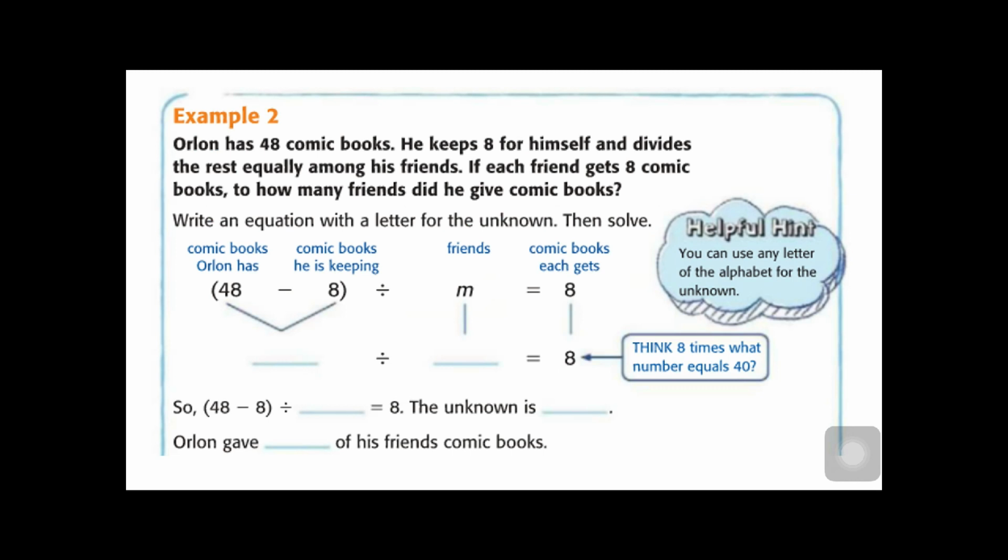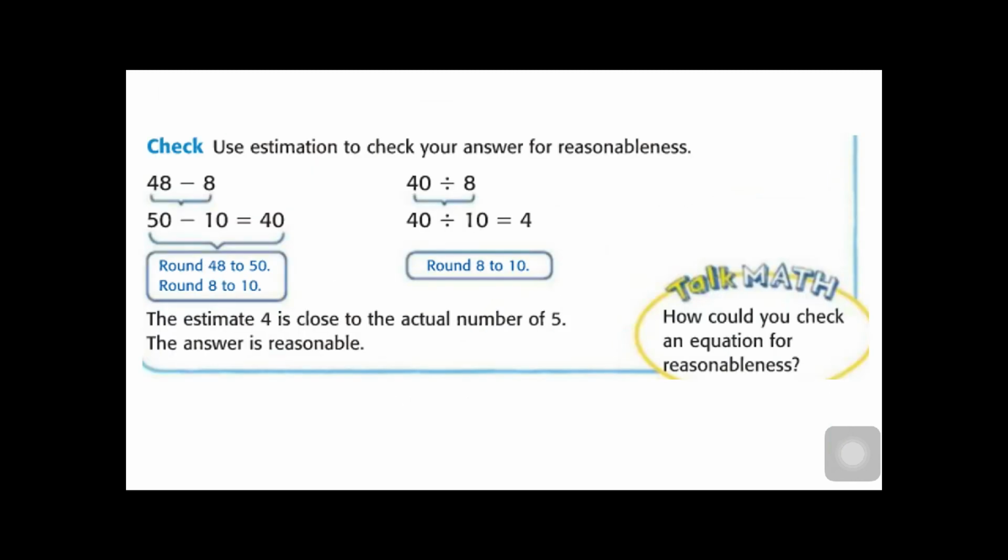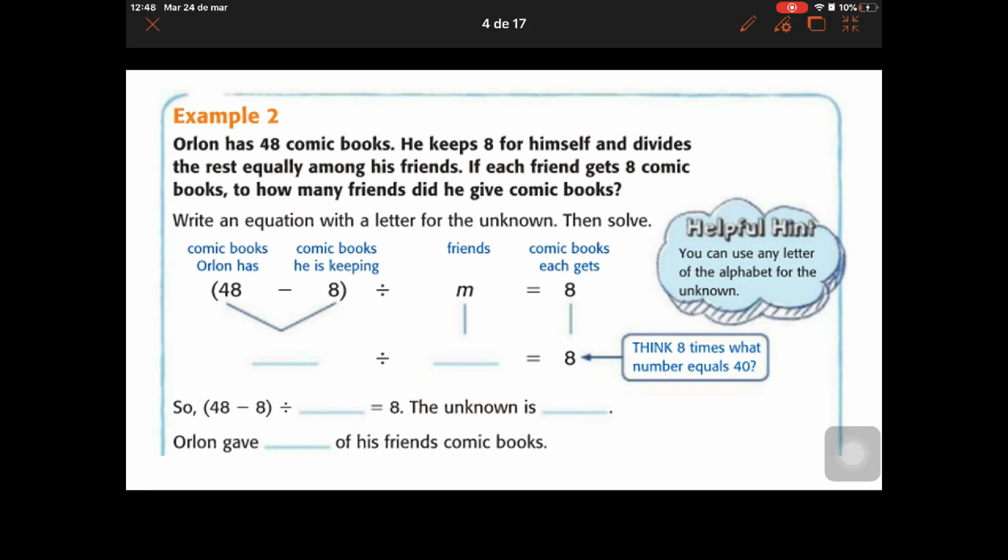Let's see. Write an equation with a letter for the unknown and then solve. He has 48 comic books and he keeps 8 for himself.